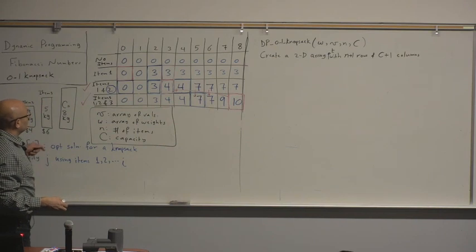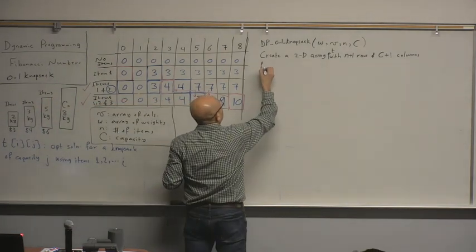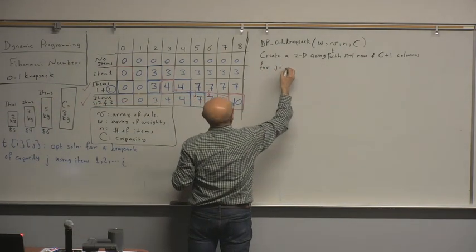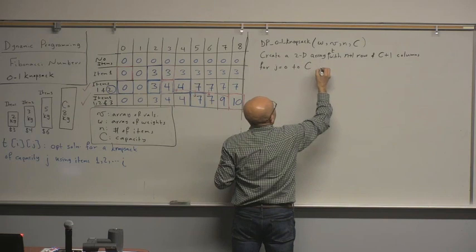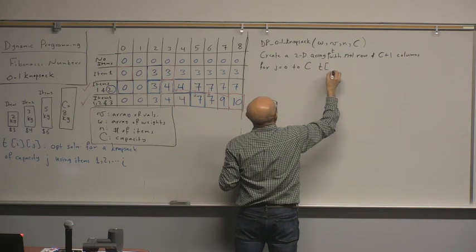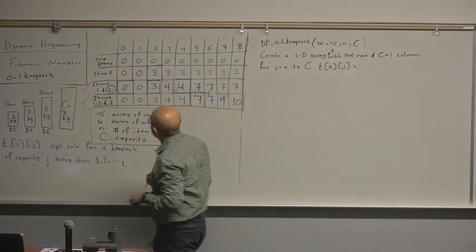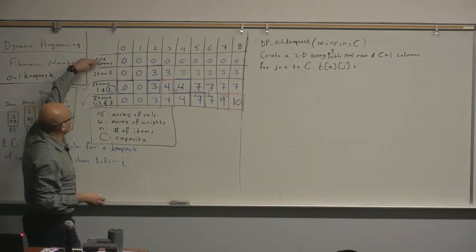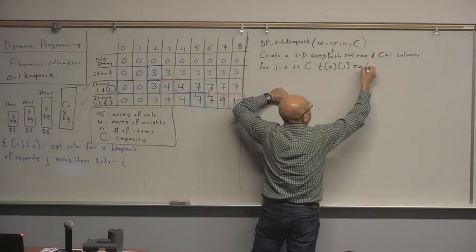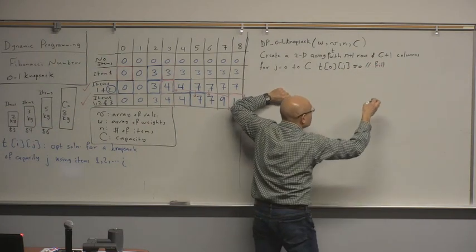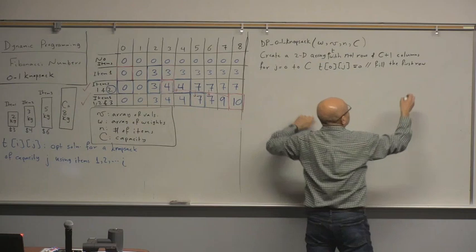Then we will fill the first row with zeros. So for j equals 0 to c, T of 0 and j equals what? T of 0 and j equals 0. So this fills the first row with zeros.